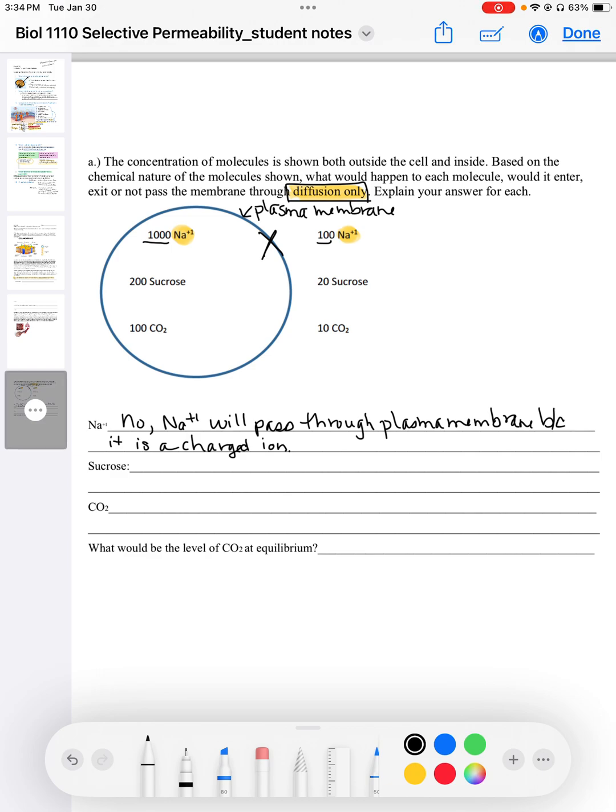Okay? And then the last thing with this question down here, what would be the level of CO2 at equilibrium? What equilibrium means is what number would the molecule balance out at on each side.